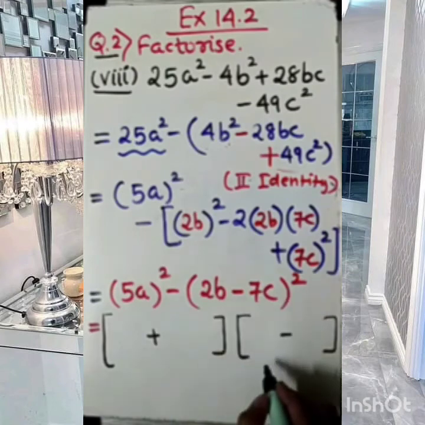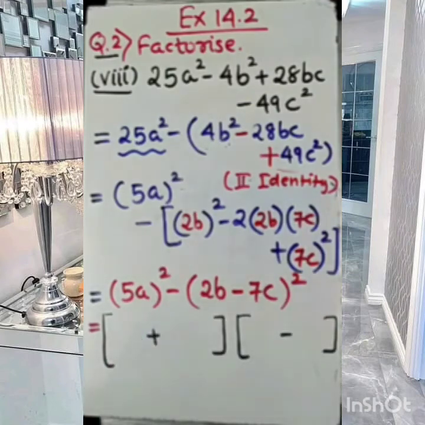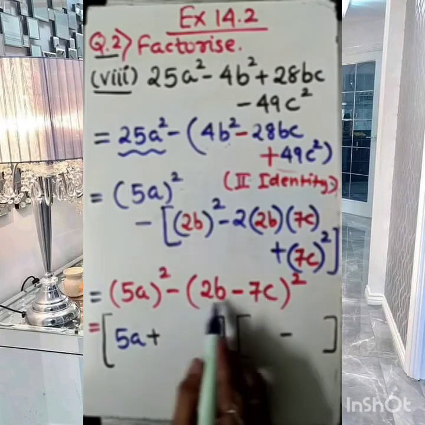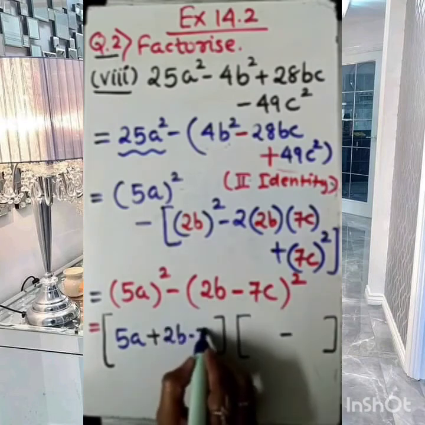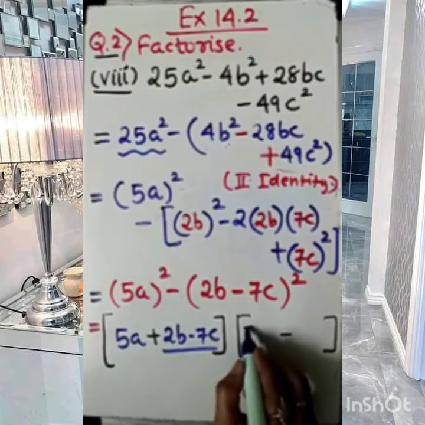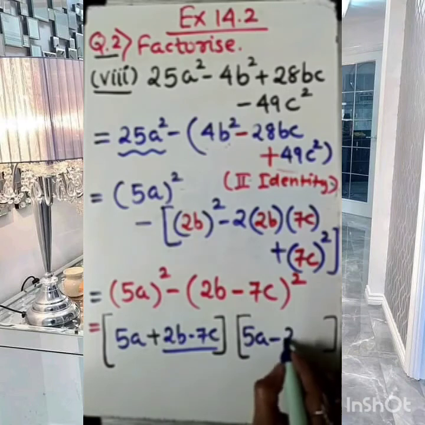Third identity. Okay. So dear student, what is a here? If I compare that a is the 5a, so I may need to mention. What is b? B is a 2b minus 7c full. That I am mentioning here. What is a? That is 5a. What is b? That is 2b.